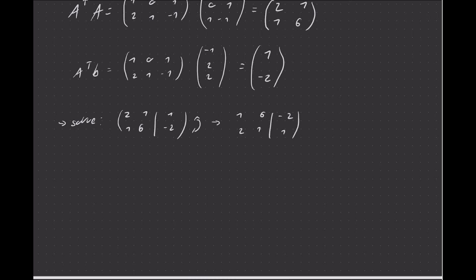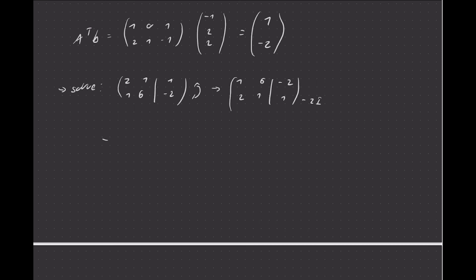It's a little nicer. And then we subtract 2 times the first row from the second. And let's see, that yields 0. Then 1 minus 12 is minus 11. And 1 plus 4, that's 5.